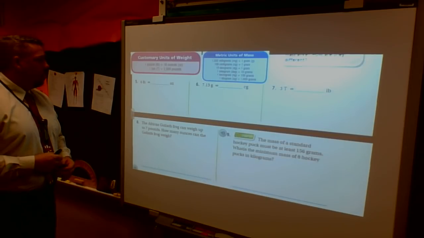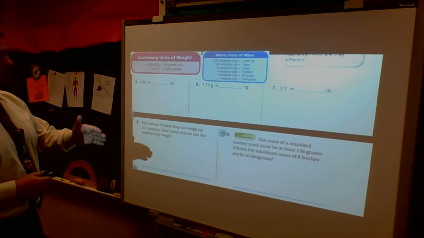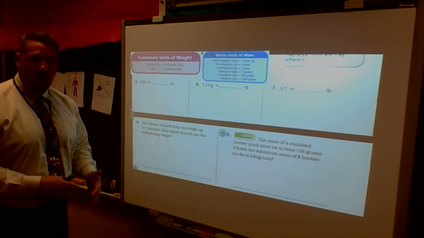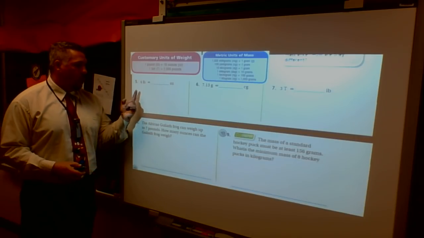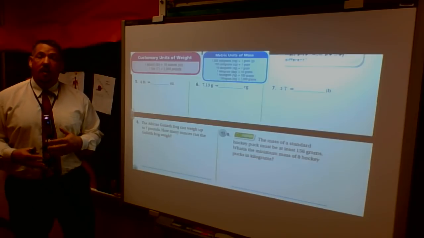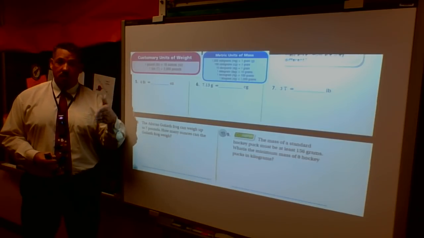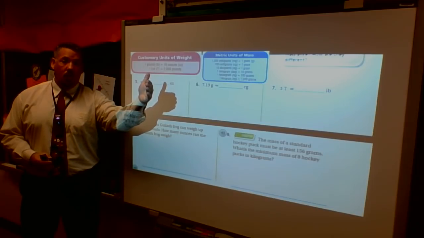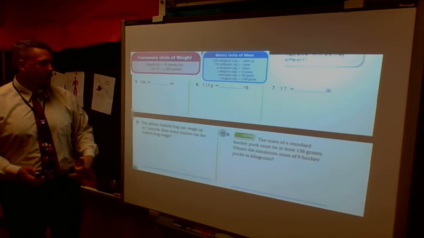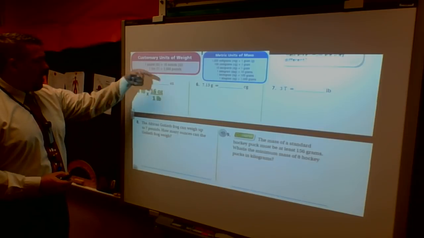All right. So if I look at number 5, 6, and 7, same type of process. What we're doing is changing from one unit into another. What's my setup? My setup once again is, what am I starting with, times what I'm going to over the label that I'm starting with. 4 pounds going into ounces.